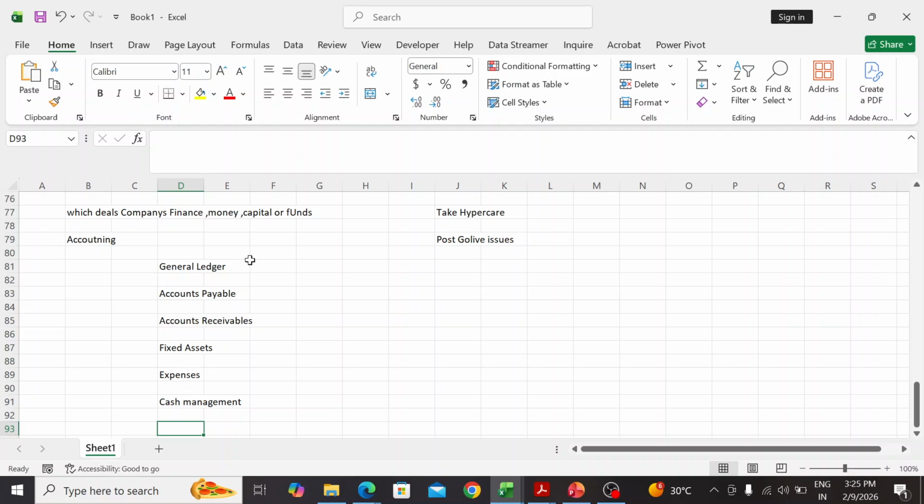So these are the major modules of the core financial modules.